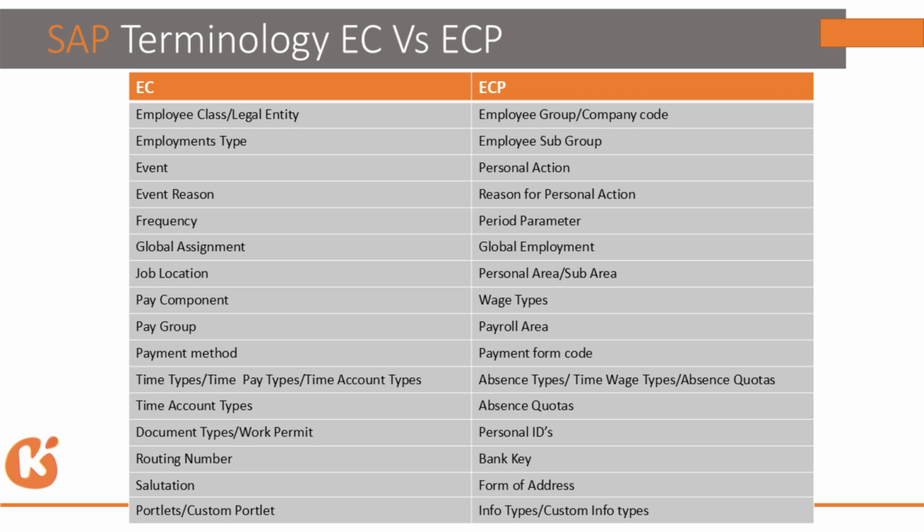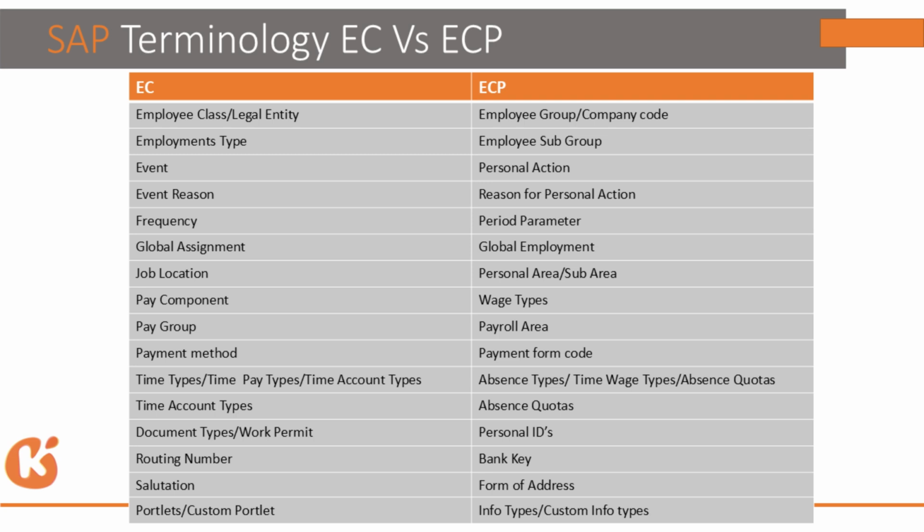What is the ECP field? What is the EC field? Now you can see here in SAP HR, meaning ECP, Employee Central Payroll, we call it the employee group. Employee group is nothing but the type of employees we are clubbing together, who have the same payroll area and the same pay date. That we call an employee subgroup. We can define that like active or group of employees.